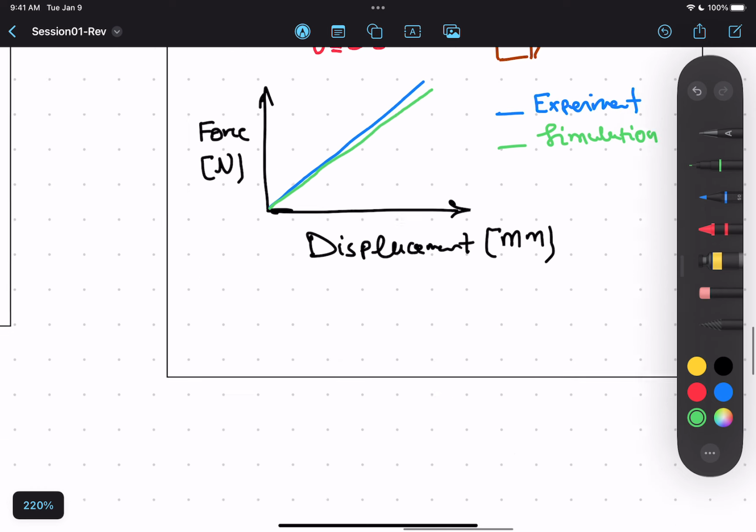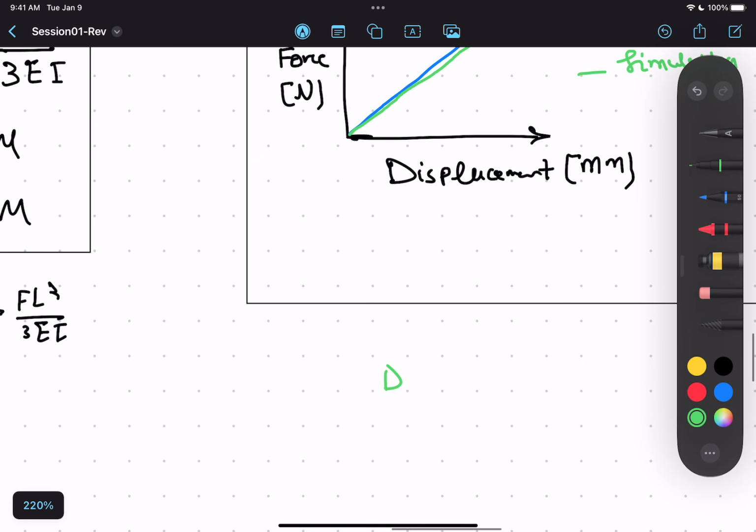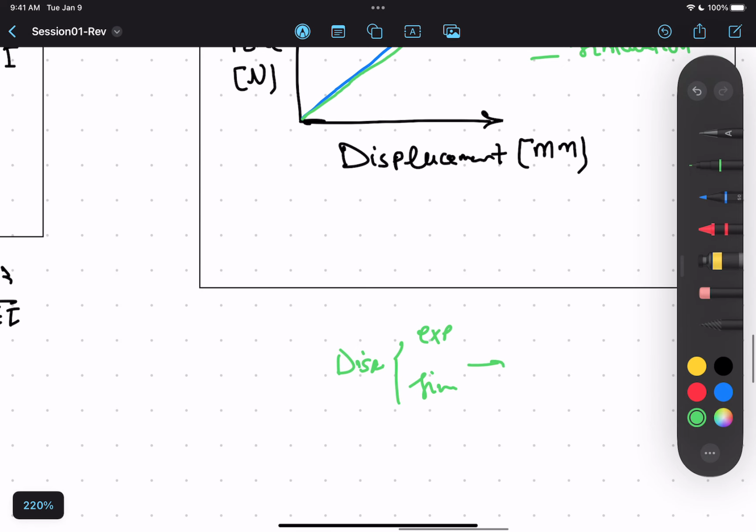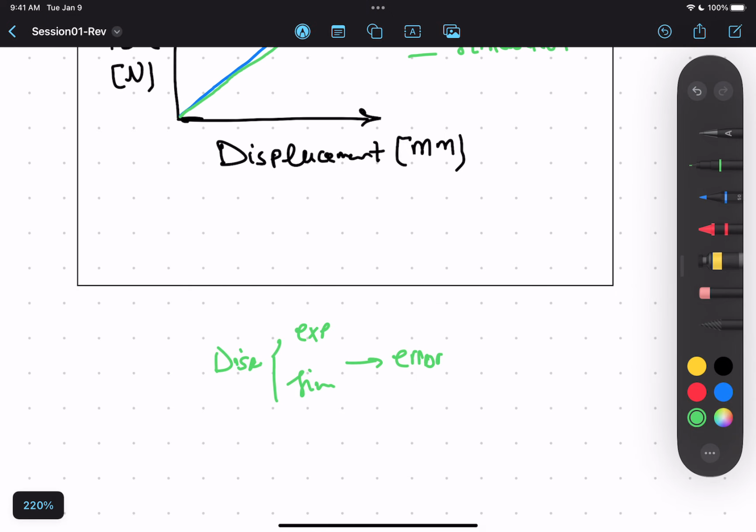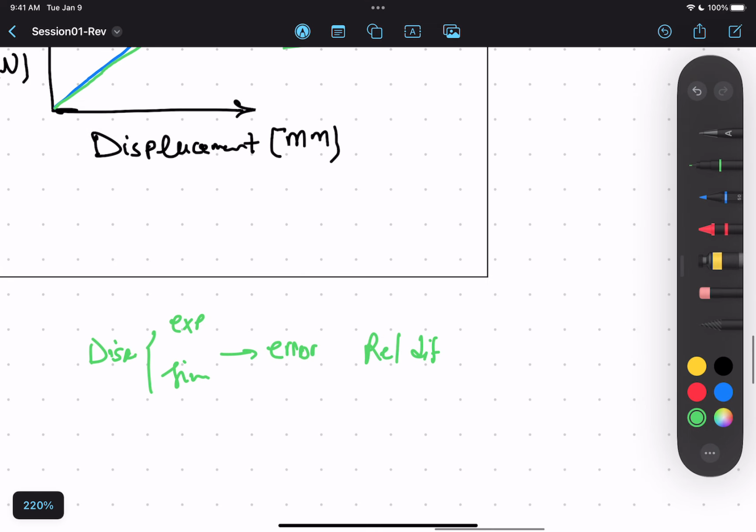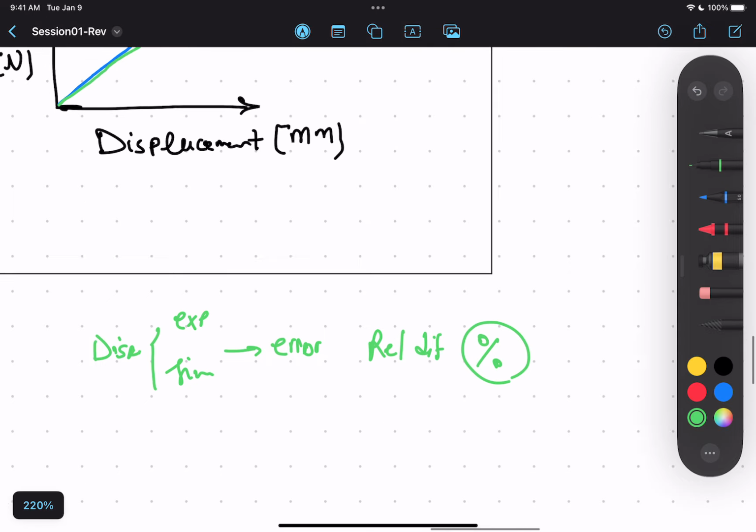Then we can compute the displacement of the experiment and simulation, and we can compute the error between these two. In fact, it's not error, it's the relative difference. And then we can say that our simulation has, for instance, 10% relative difference with respect to the experimental measurement.